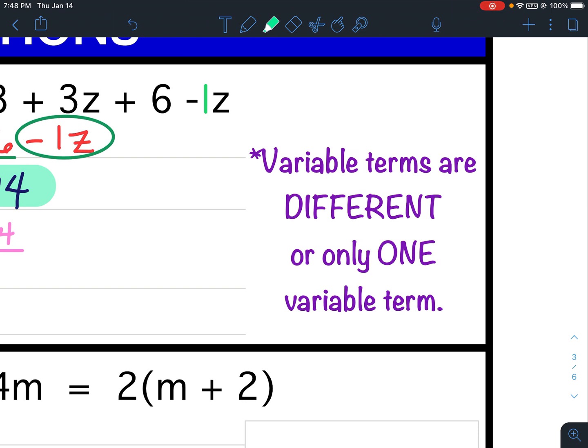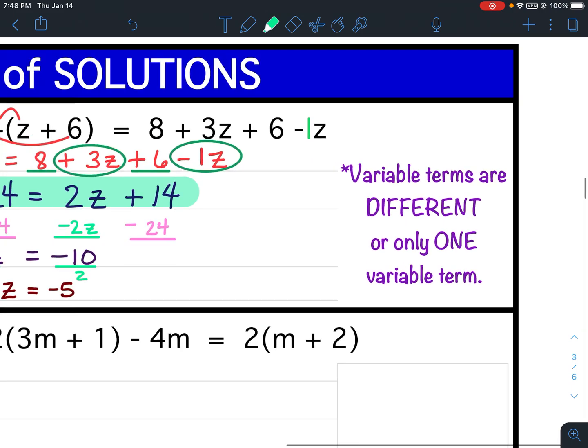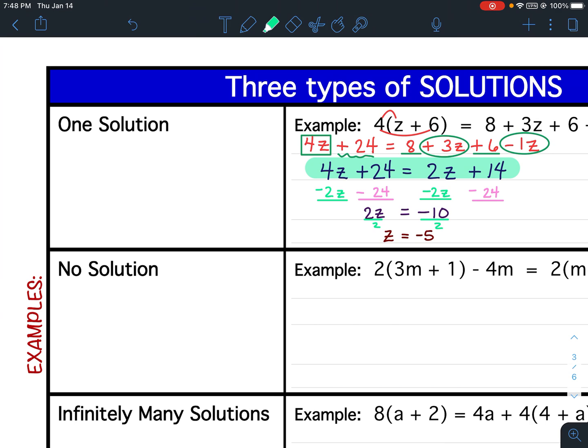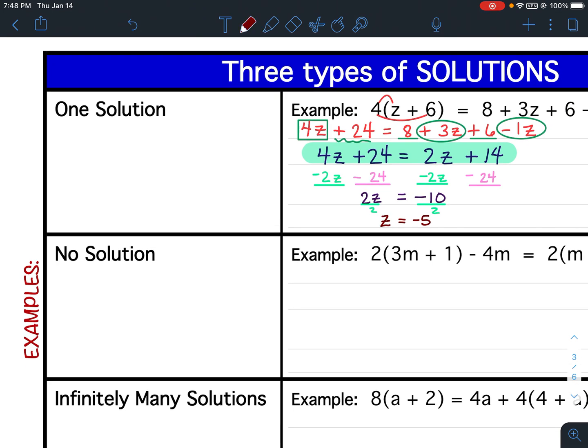Okay, so here are some things to look for when you're looking for a one solution problem. So we're going to start with the example we just used. So if you had 4z plus 24 equals 2z minus 14.